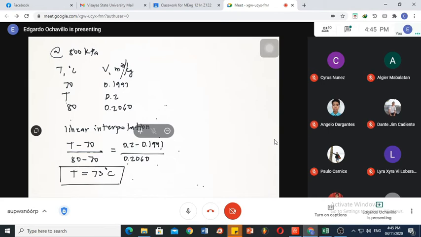So again, at 800 kilopascal and V equals 0.2, this state is a superheated vapor.